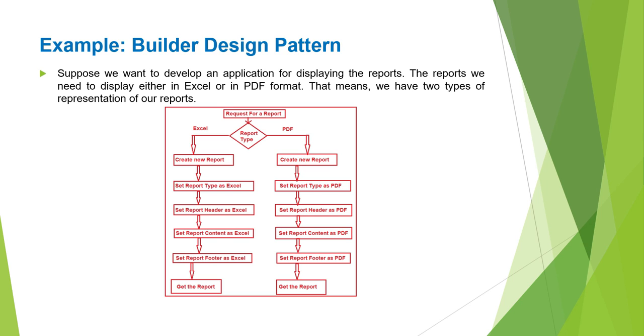Here the report generation process or the construction process involves several steps, such as creating the new report, setting the report type, setting the report header, setting the report content, setting the report footer, right? If you look at the final output, we have one PDF representation and one Excel representation, right?